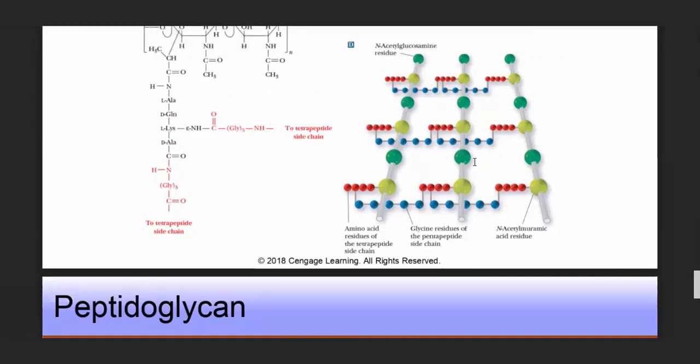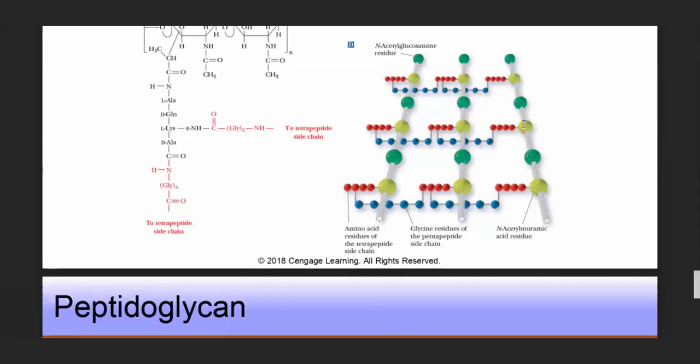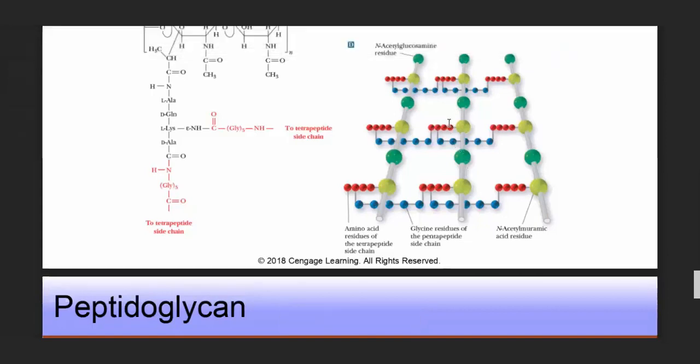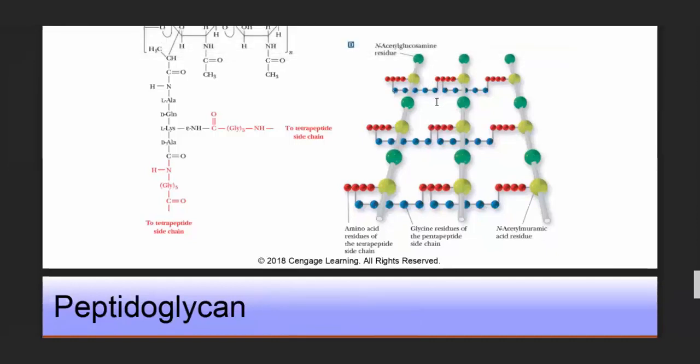Okay, then the material that results from the cross-linking of polysaccharide peptides is a peptidoglycan, so named because it has both peptide and carbohydrate components. Notice here the cross-linking. The larger spheres are the glucose units, the red ones are the tetrapeptide, and the blue ones are the pentaglycine.